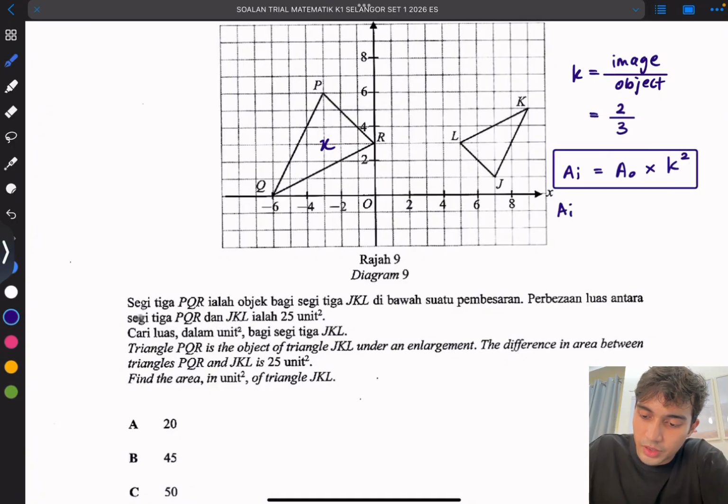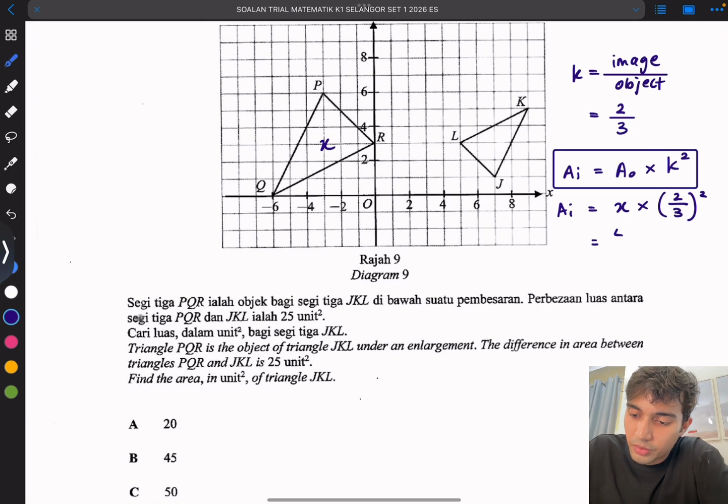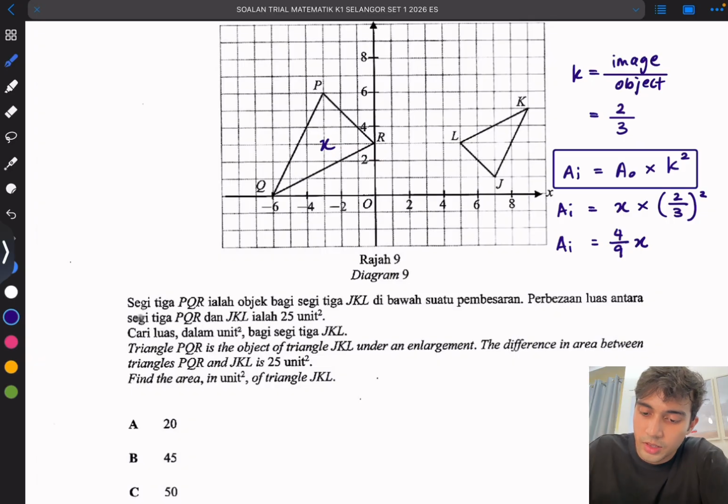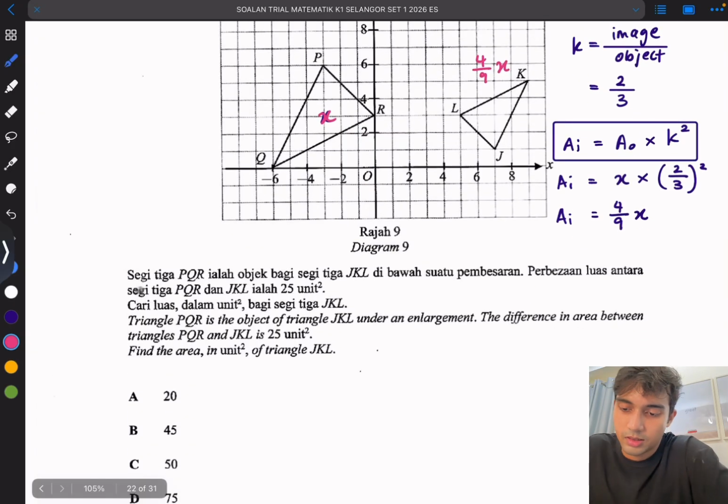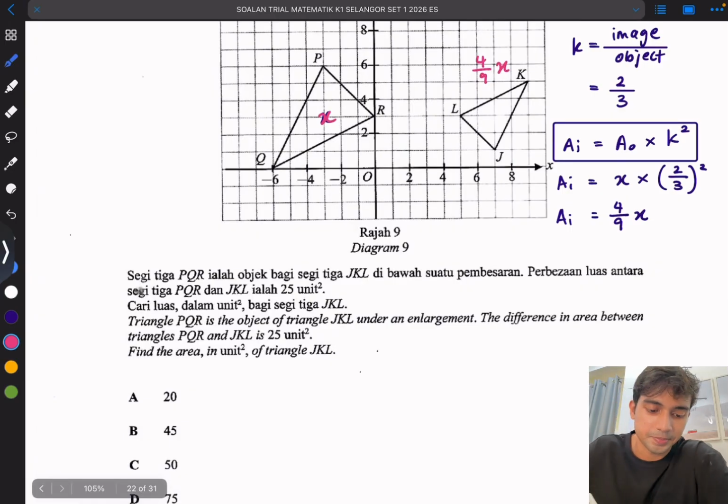So the area of the image is the area of the object times (2/3) squared. 2/3 squared is 4/9, so the image is 4/9 x and the object is x. Hope you understand this part.